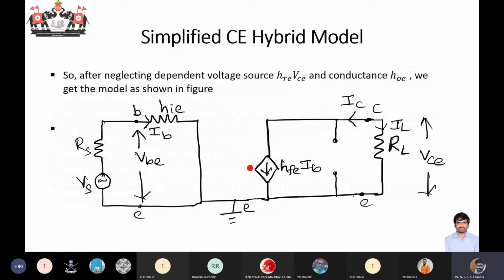So if I remove that, this is how your simplified hybrid model will look. Here I have removed this output conductance hoe, and here I have removed the dependent voltage source hre into VC. Here it should have been hoe or 1 by hoe. This resistance I have removed, this voltage source I have removed. So it's a simplified hybrid model.